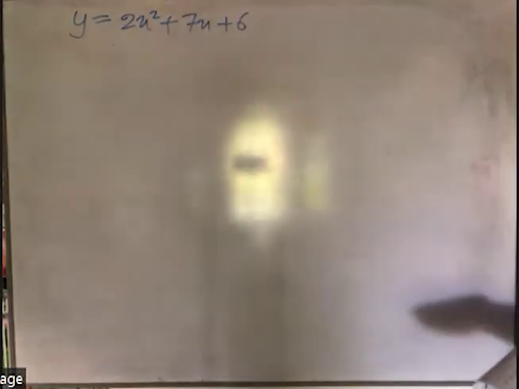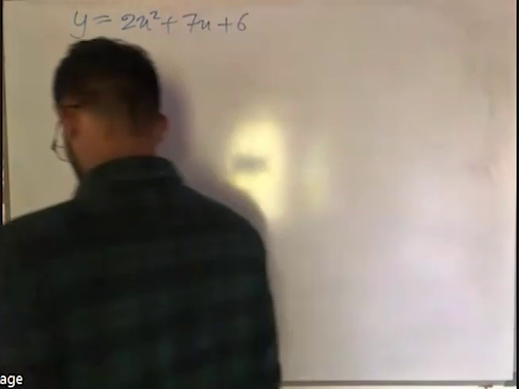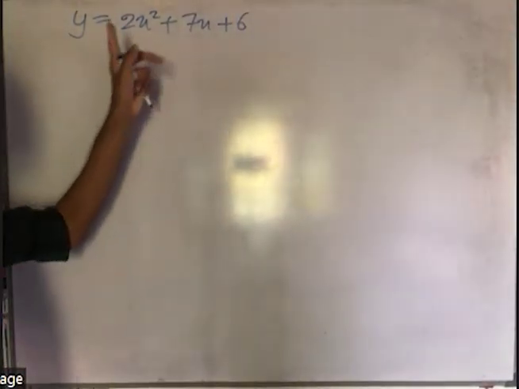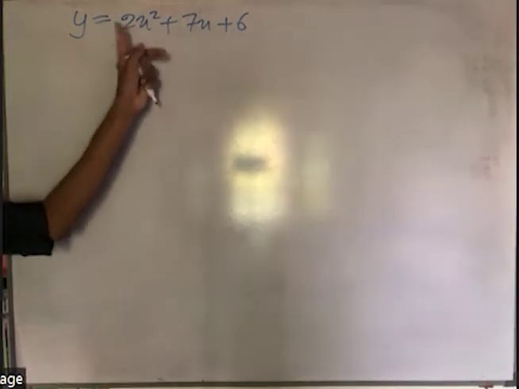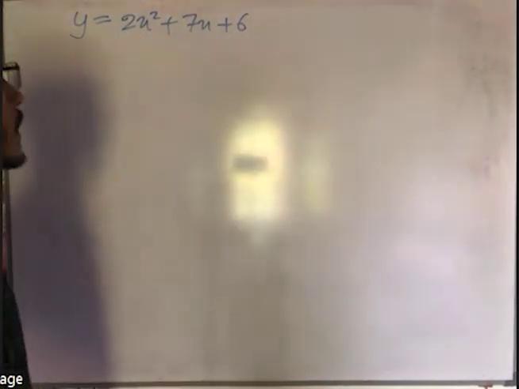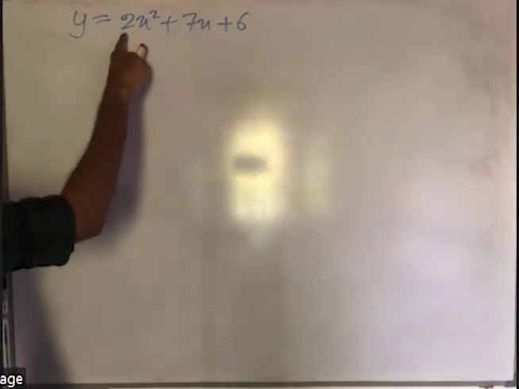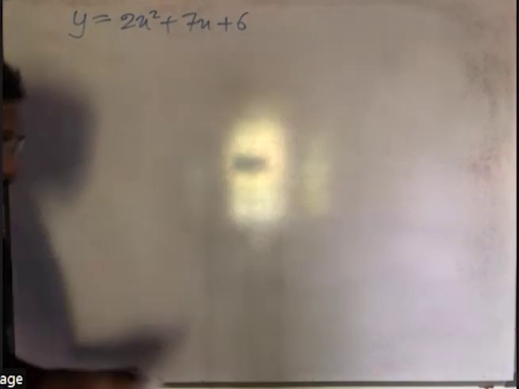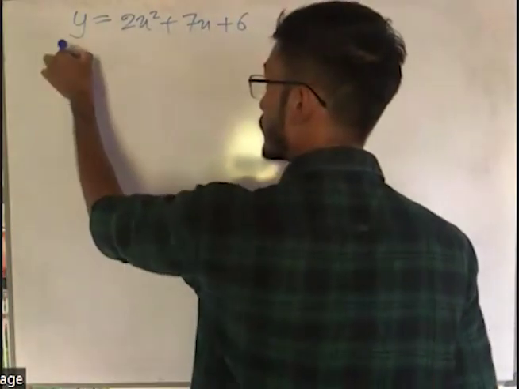So this is in the standard format, but the coefficient of the x square term is not plus 1. We have the x square term, x term, and the constant term, but the coefficient of the x square term is plus 2, not plus 1. So we have to change that into plus 1. We can separate 2 from here.